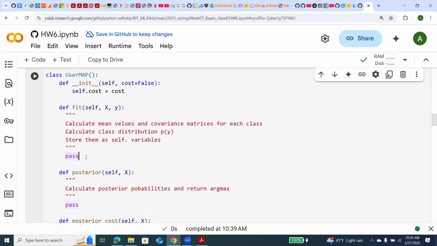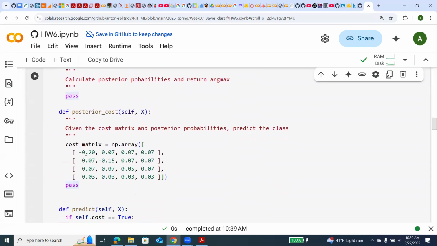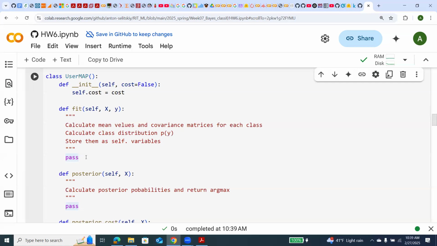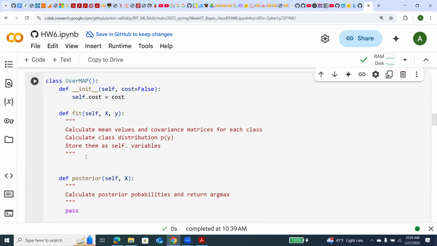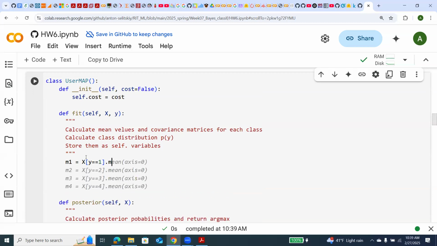You just calculate the mean, for example, mean for class 1, mean for class 2, mean for class 3.